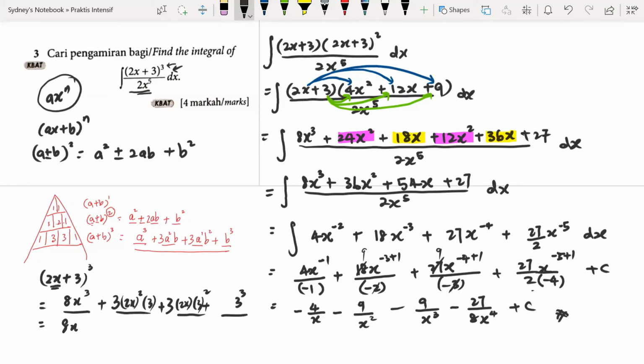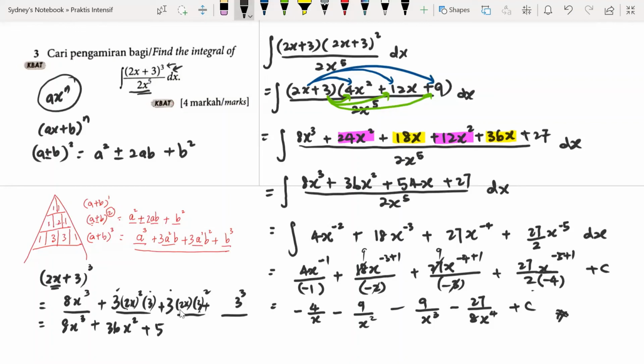We will have 8x cubed plus, for the second term, (2x) squared, so we will have 4x squared. 4 times 9 is 36x squared. Next we have 3 squared, 9, times 3, that is 27. 27 times 2, we have 54x.